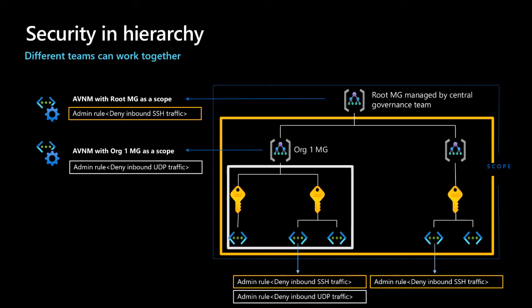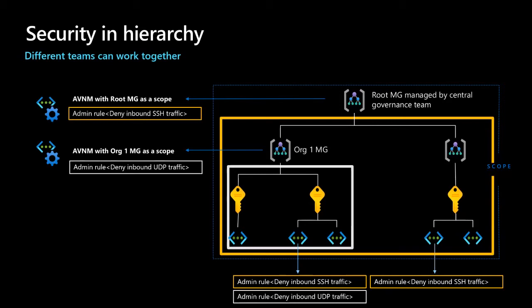Okay, and this central governance team can use the top level management group as the scope in the Azure Virtual Network Manager at the top level. Okay, and they can, let's say, specify, I want to deny all of the inbound SSH traffic, for example.